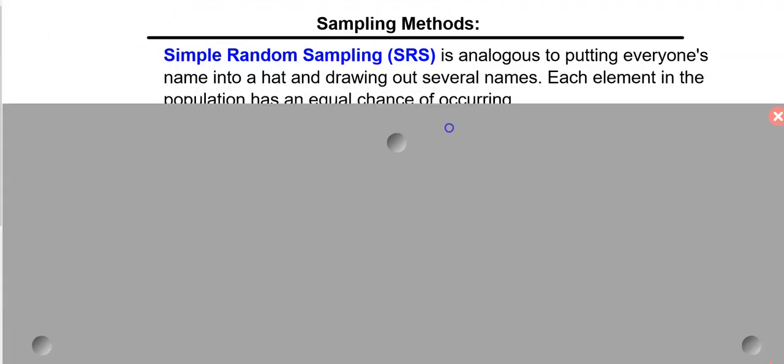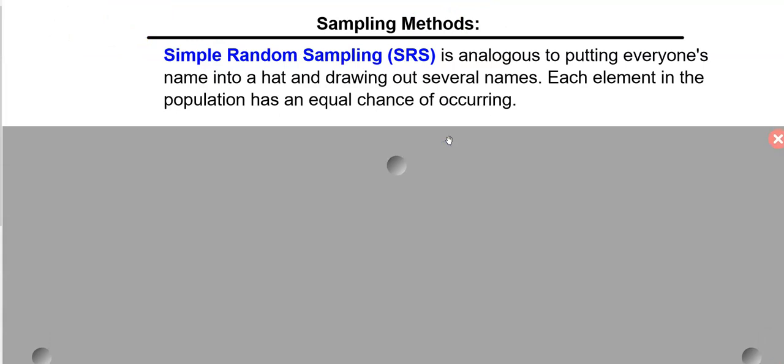There are different types of sampling. The most basic, and really one of the best if you can do it, is a simple random sample. This is the idea of putting everyone's name in a hat and drawing out. Each element has an equal chance, so it's really fair that way. Because it's random, it usually ends up being a pretty good sample.